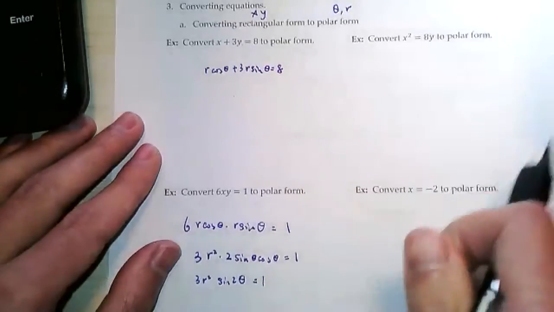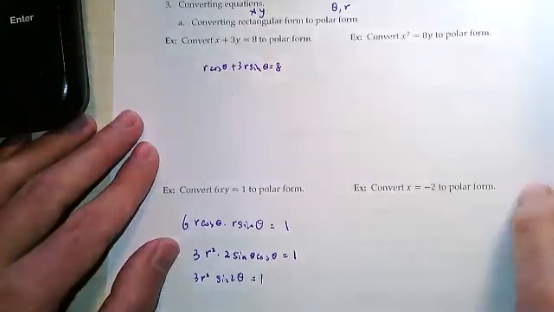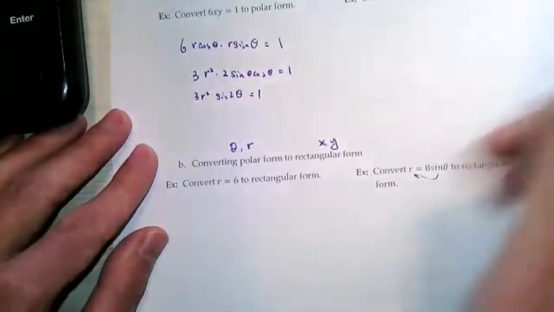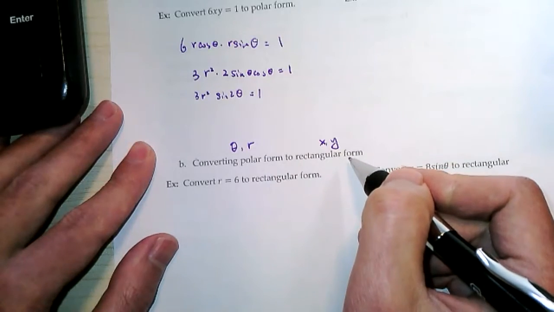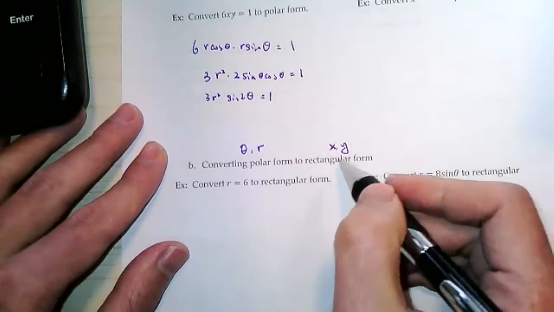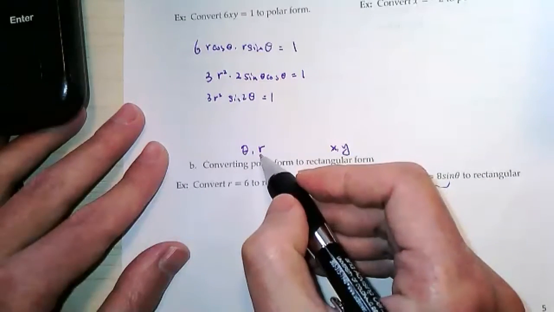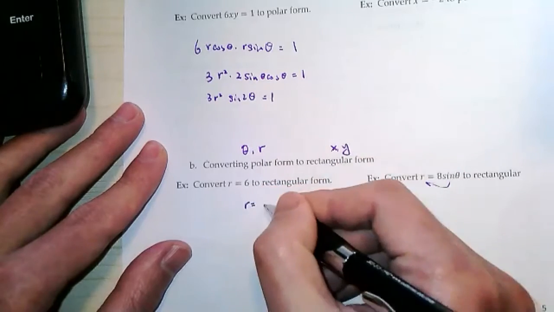So I will leave this and this as your exercise. Before I leave it as your exercise, let's look at how to convert from polar form to rectangular form. This is equivalent to asking you how to rewrite r in terms of x and y.